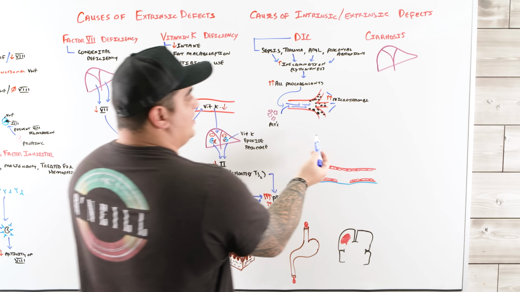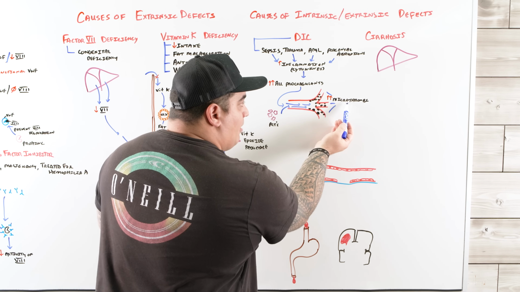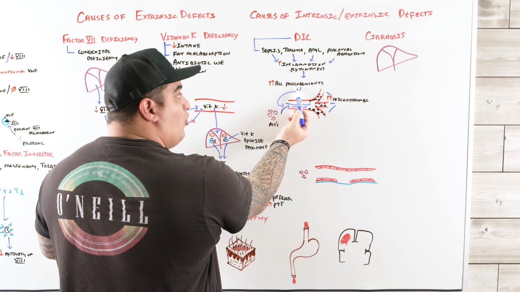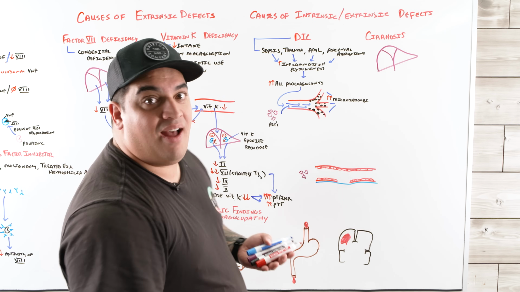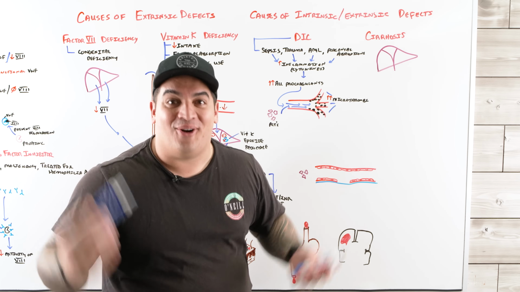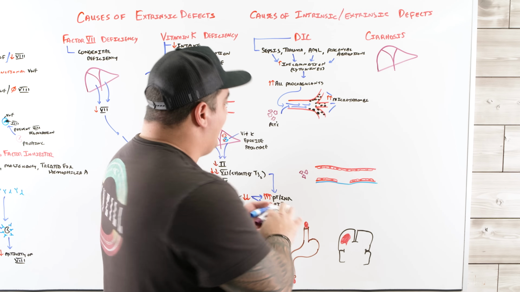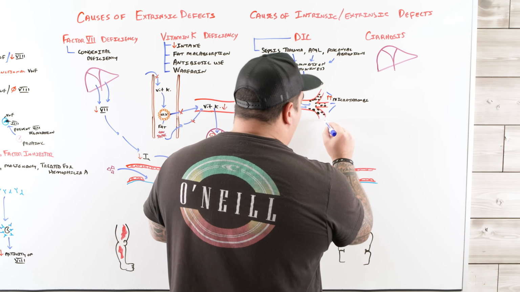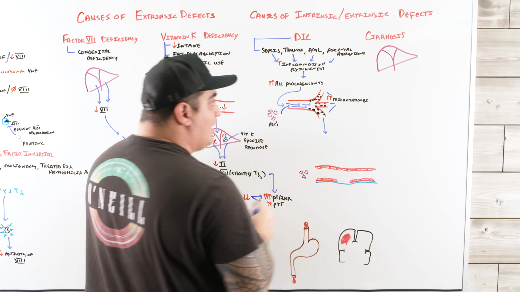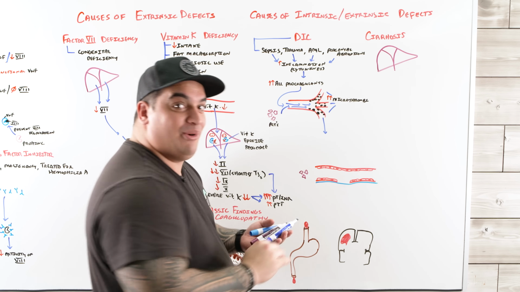The problem with this is that in order to make the microthrombi, I need platelets. In order to make the microthrombi, I need procoagulants. Factor 12, 11, 9, 8, 5, 10, 7, 3, all of them. I need all those coagulation factors. And so in the process of consuming these coagulation factors to make clots, I end up with less clotting proteins.